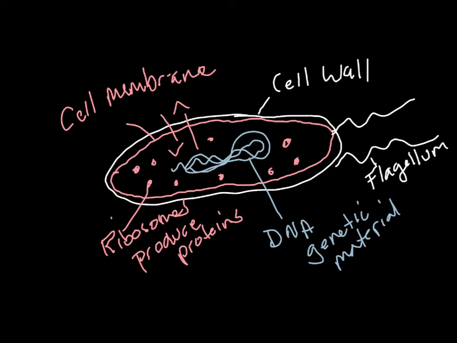Now, you also have something that I'm going to put here in blue, but you have larger circular structures that are actually called plasmids. And these are important to bacteria, but sometimes can be harmful to us because what these plasmids do is they are antibiotic resistant.